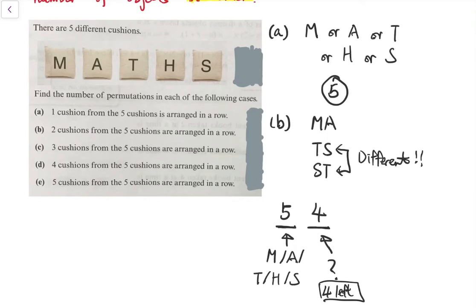So this is step 1, and this is step 2. The number of permutations in part B will be 5 times 4, and you will get 20.